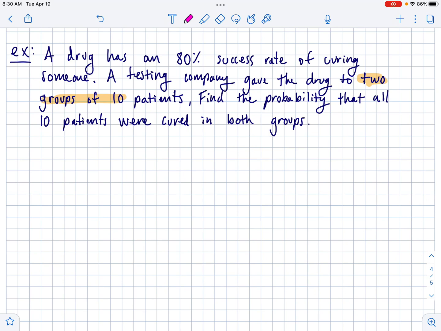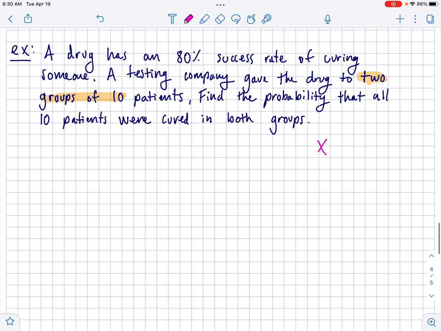Success is someone being cured, and failure is someone not being cured. We can also assume that these events are independent because if one person is cured, that doesn't affect the probability that another person will be cured. So we're going to do X binomially distributed with 10 people, and the probability of being cured is 0.8.